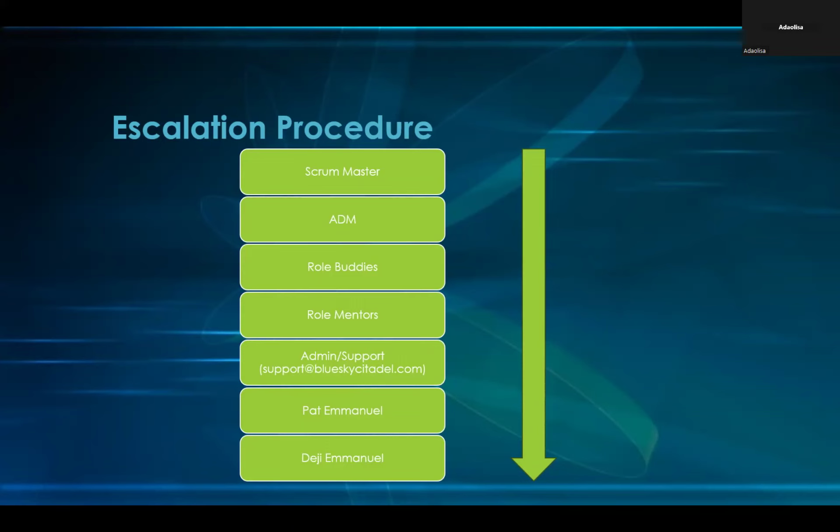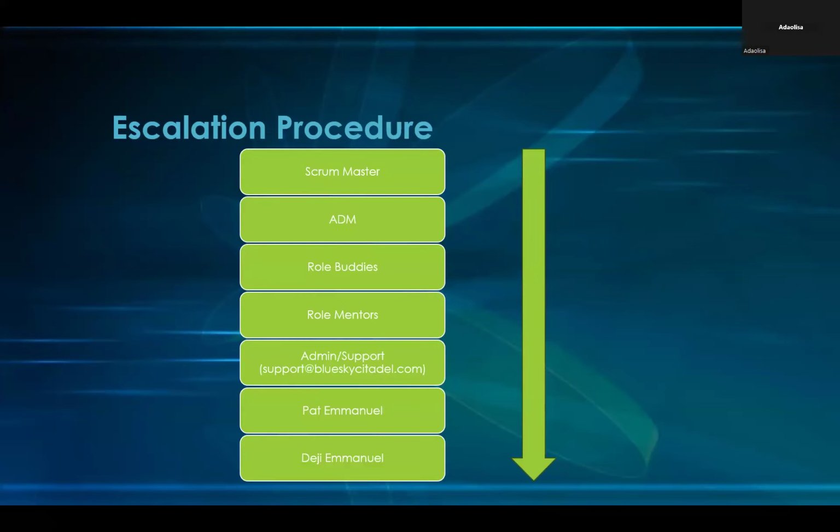And I'm sure they also know that if you're unable to resolve some issues, they can escalate to the ADM. So that is a role of the Scrum Master, to escalate to the ADM if issues remain unsolved.